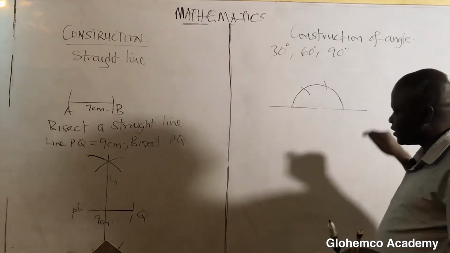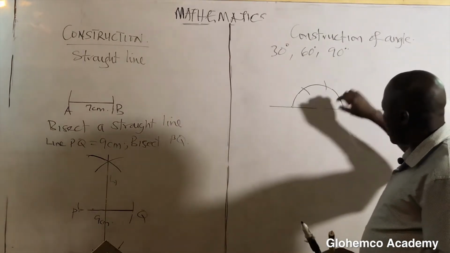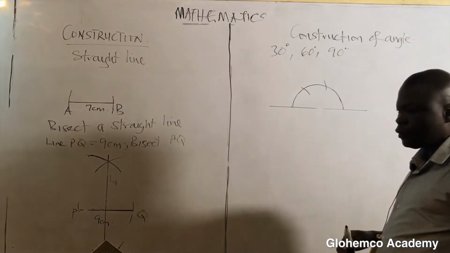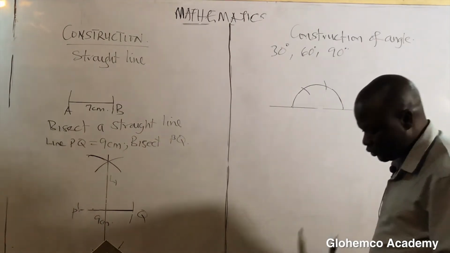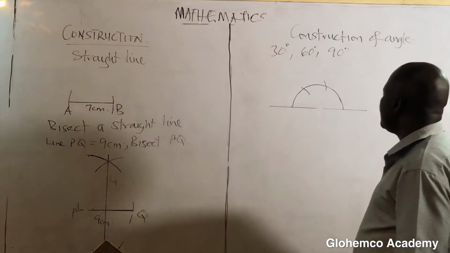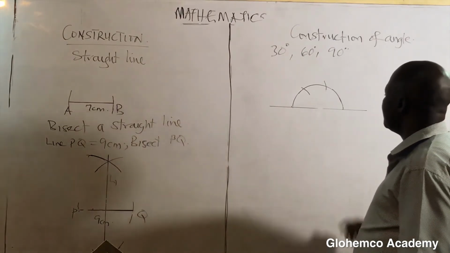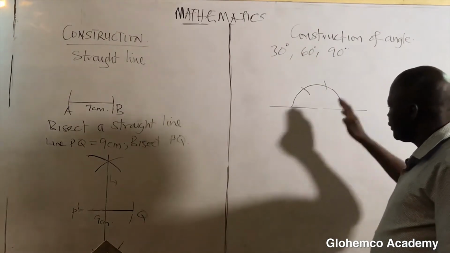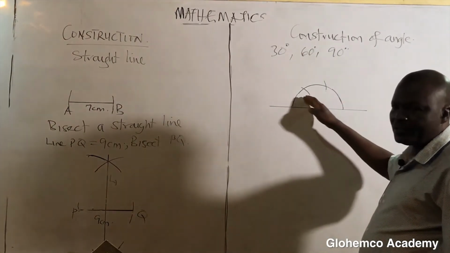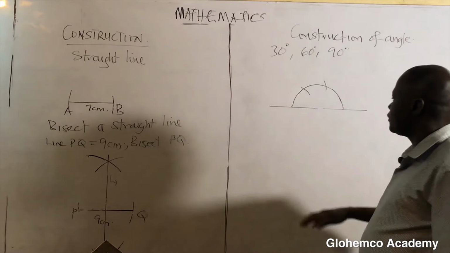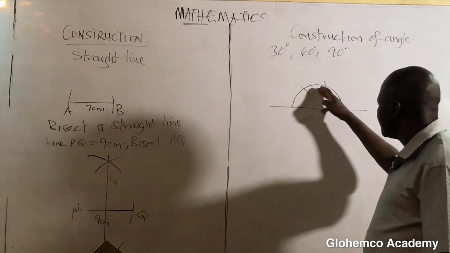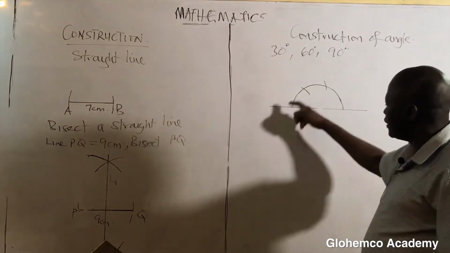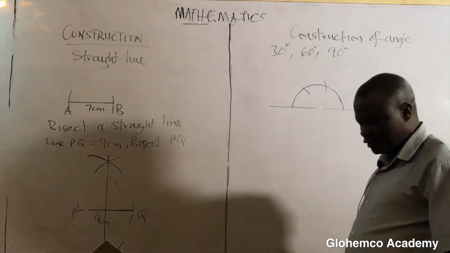A circle is 360, and semi means half of a circle. Half of a circle will be equal to 180 degree. Now, when we get 180 degree, we have divided this 180 degree into 3 parts, meaning that each part will be 60 degree. This is 60 degree, 60 degree, 60 degree. When you add the 3 together, it gives us 180.